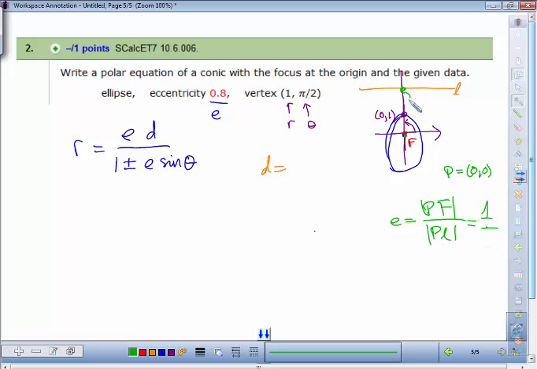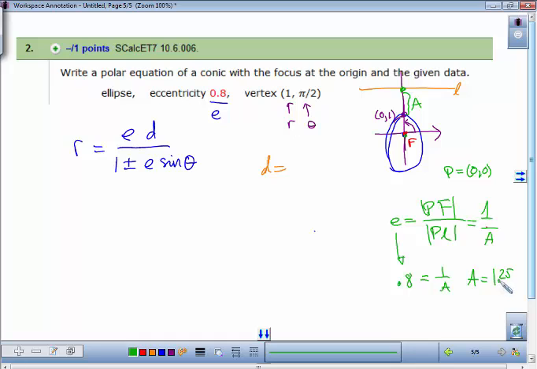So let's call this distance A for now, and let's solve for A. They gave us the eccentricity. So A should be equal to what? One over 0.8? What's 1 over 0.8? 1.25. So looks like our A is 1.25.